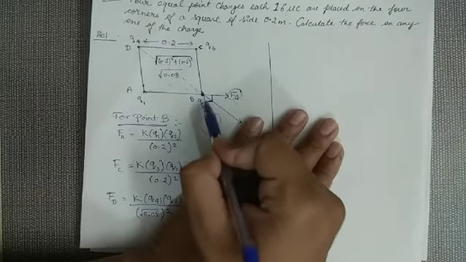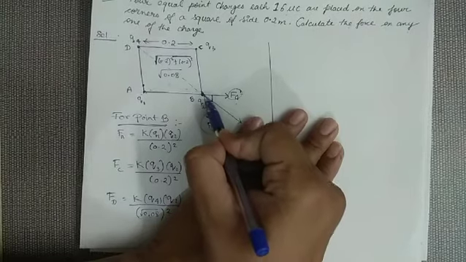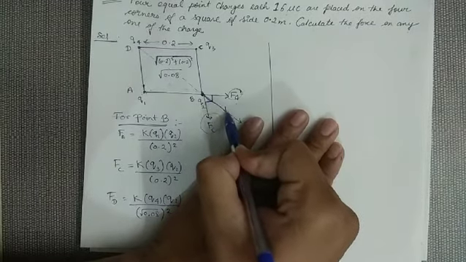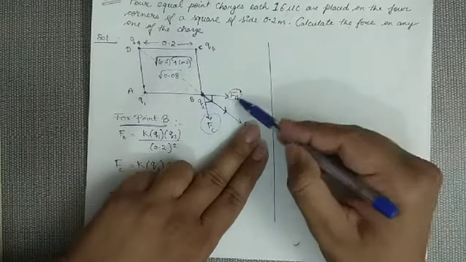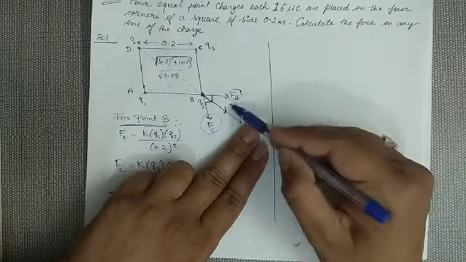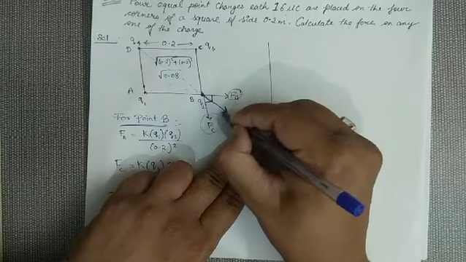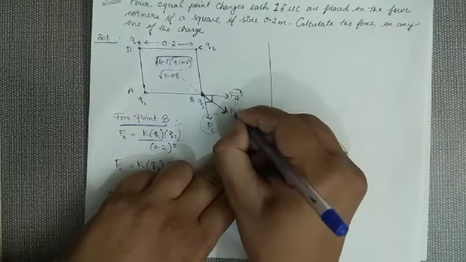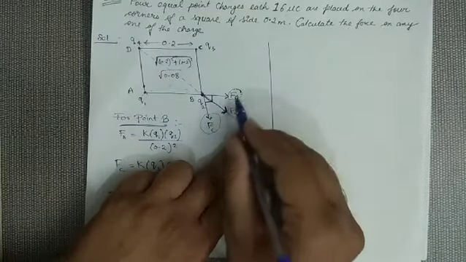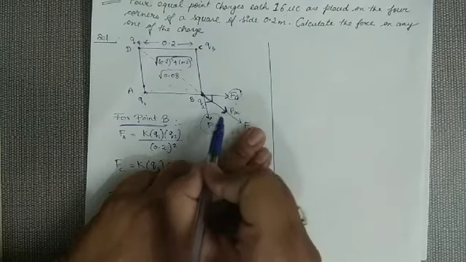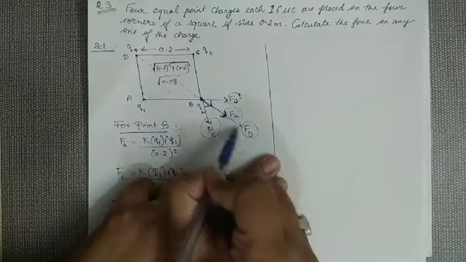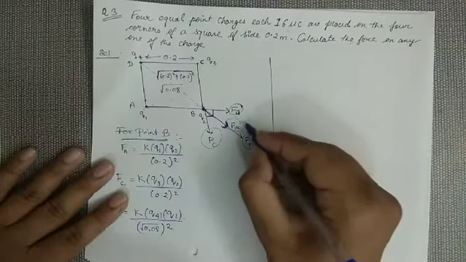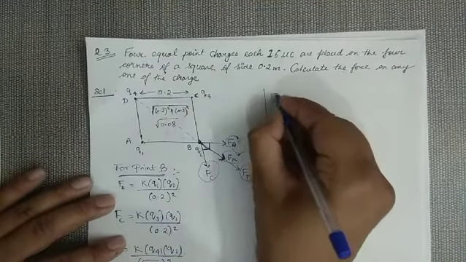So first of all we will take the resultant of FA and FC. The resultant of these two will act in this direction. Suppose this is your FAC, the resultant of both of these. Further we will add this with FD. Adding these two quantities, we will get the net force. But first of all we have to find this FAC.